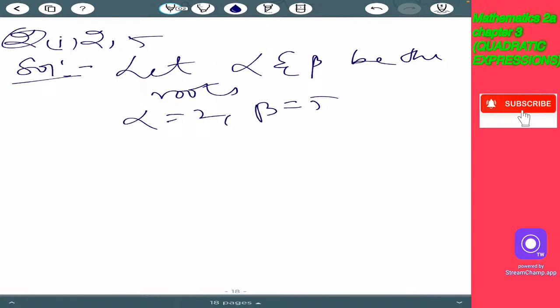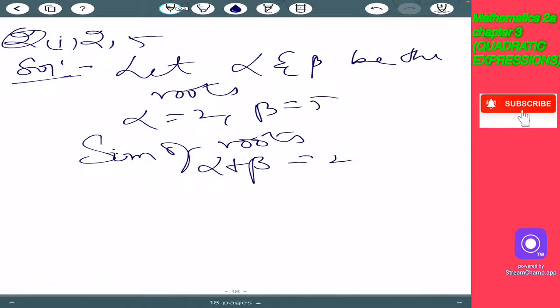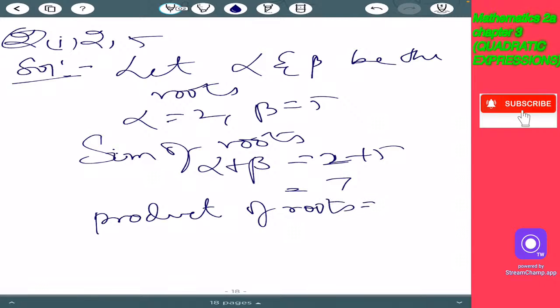So what is the sum of roots here? It is alpha plus beta, that is equal to 2 plus 5, that is nothing but 7. And the product of roots, alpha into beta, what you'll get? 2 multiplied by 5, that is 10.